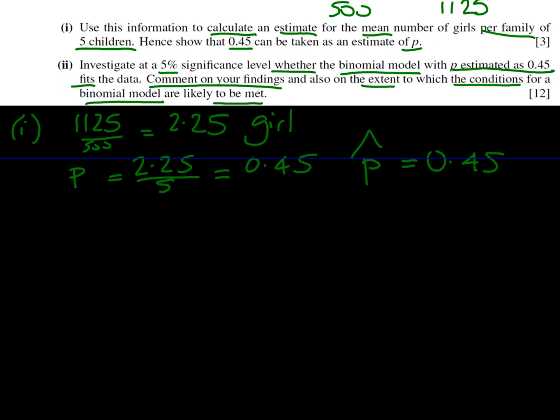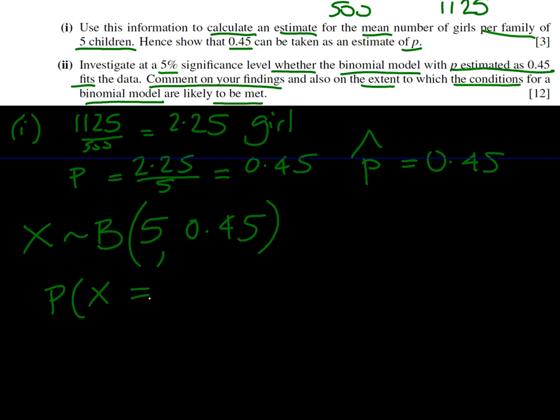What I need to do is, I've now concluded that I'm working with a binomial with 5 children per family, and the probability of being a girl is 0.45. So I can therefore find my probabilities for the probability of X equals 0, and then 1, etc. I need these values, don't I?